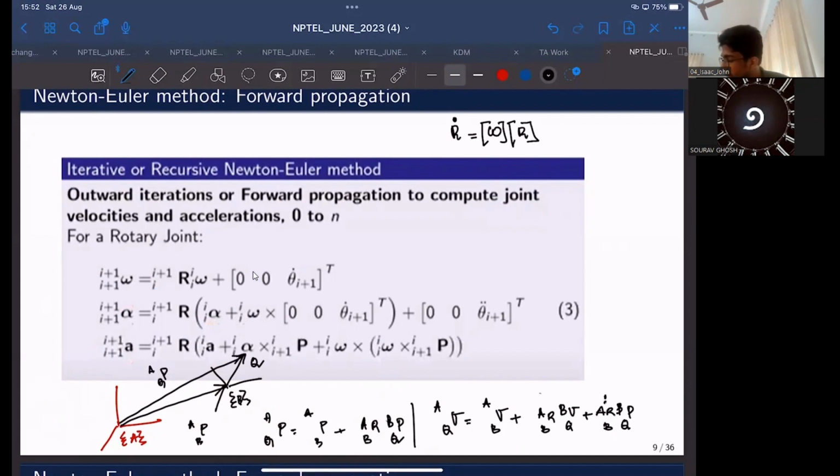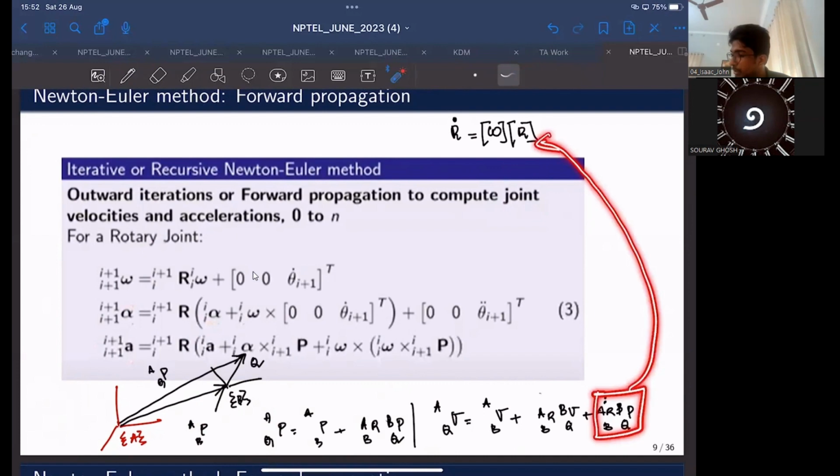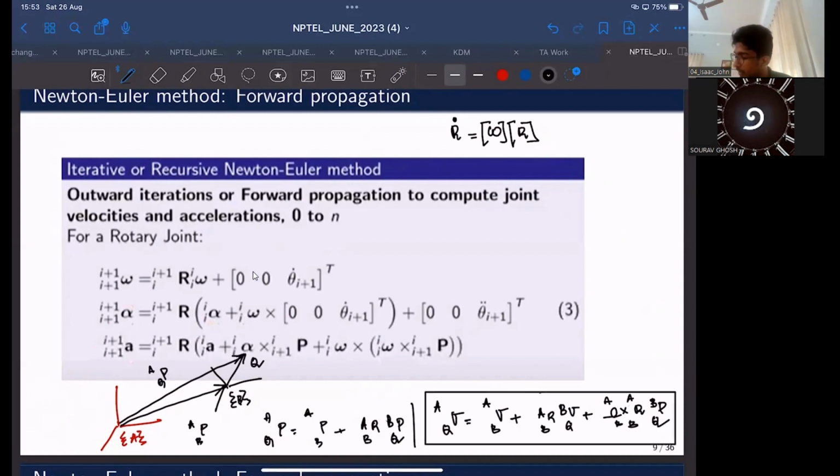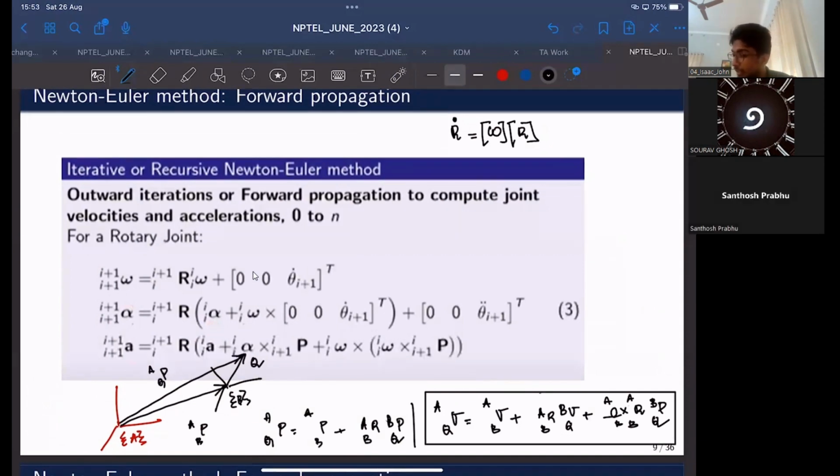So this A R B dot times B P Q term would in turn convert into a form similar to omega of B with respect to A cross A R B times B P Q. So this is the derivative of a vector that is referenced with respect to a rotating frame, and we are expressing this derivative of the vector Q with respect to the fixed frame A.